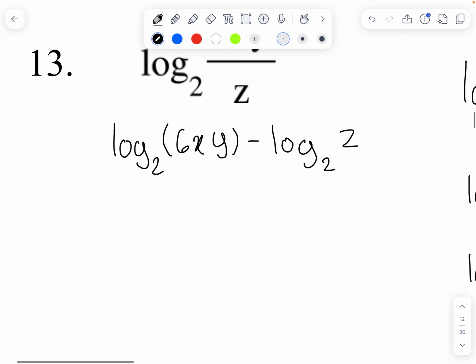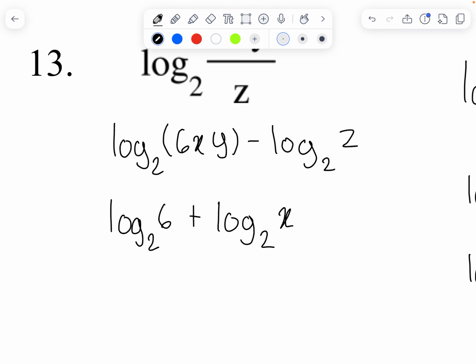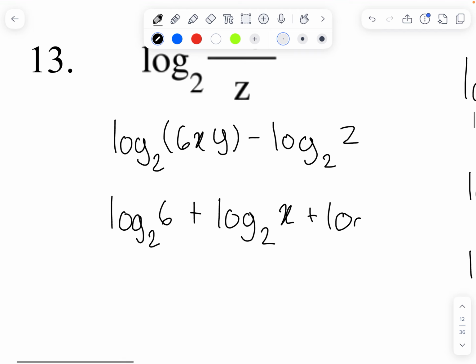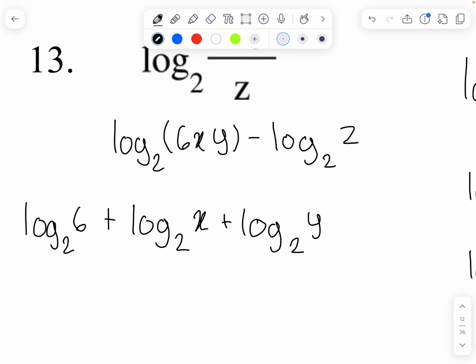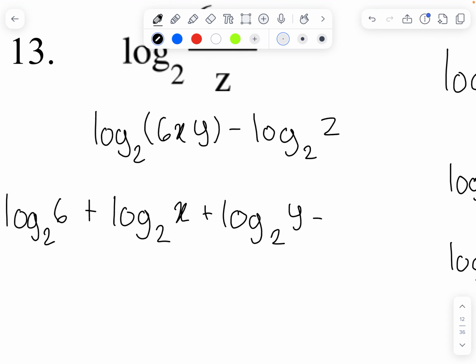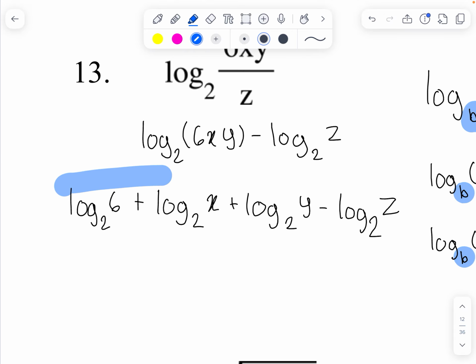So this would mean log base 2 of 6 plus log base 2 of x plus log base 2 of y minus log base 2 of z. And this is our final answer.